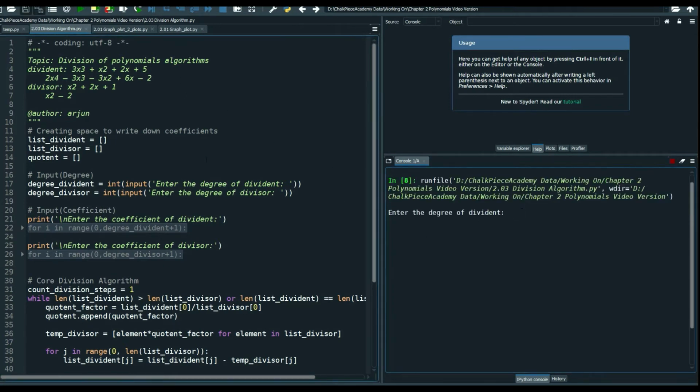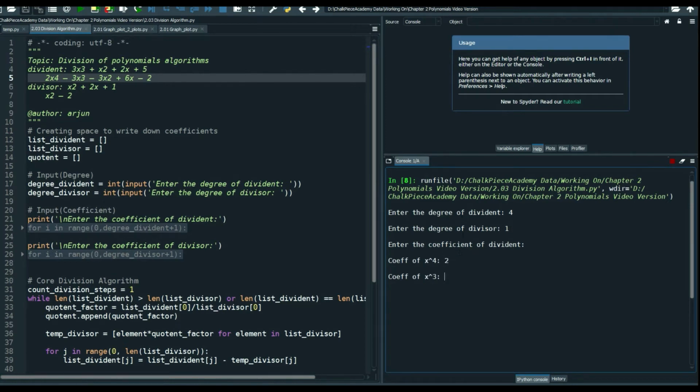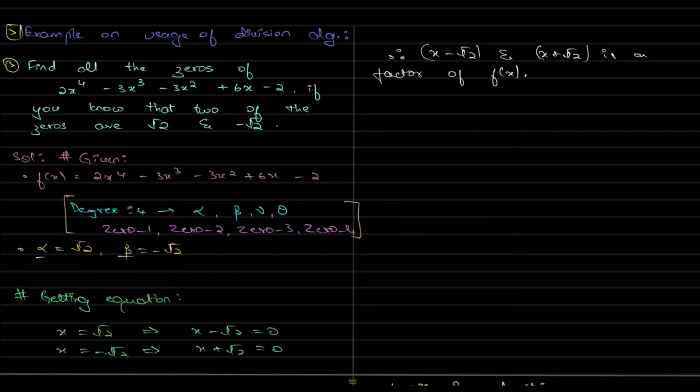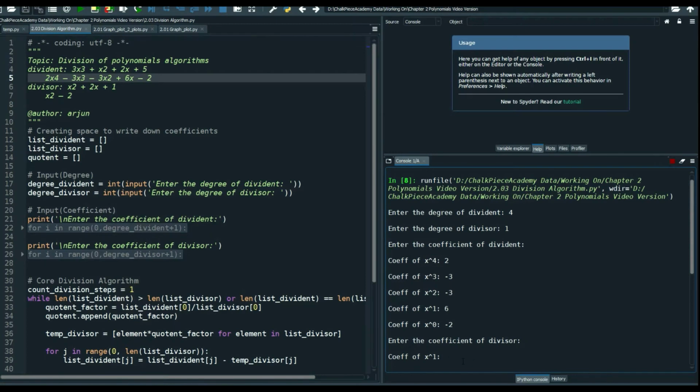The degree of the dividend is 4, and the divisor is 1. The dividend coefficients are 2, minus 3, minus 3, 6 and minus 2, and the divisor coefficients are 1 and minus √2.